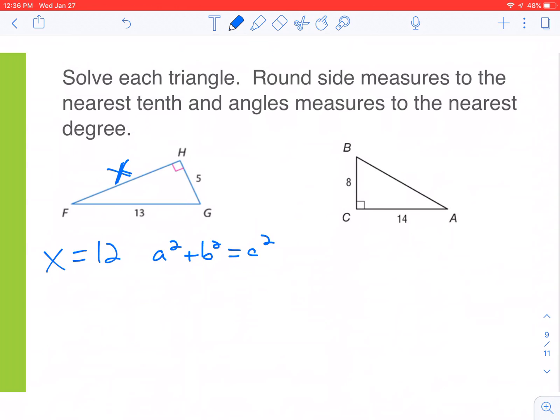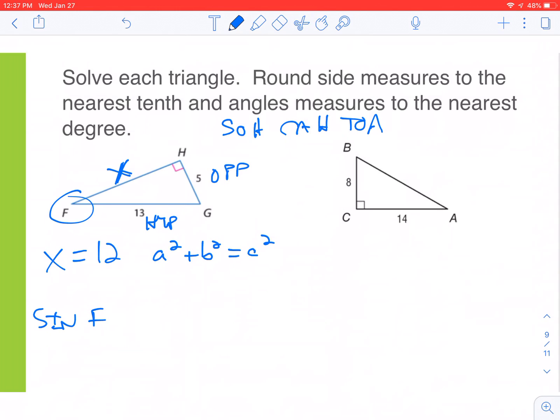Okay, now to find the angle. If I want to find f, I have my opposite and my hypotenuse. So, soh cah toa. So it's going to be the sine of f equals 5 over 13. F will equal the inverse sine of 5 over 13.